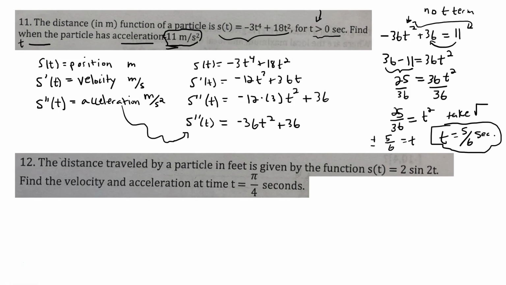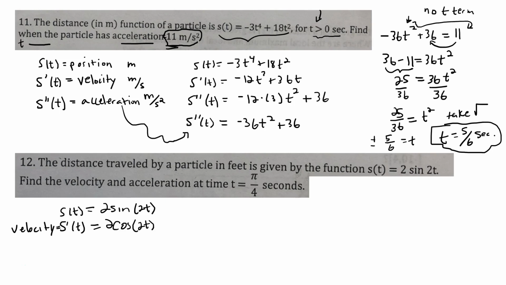Number 12. Also a distance function, a position function. So we have s of t is equal to 2 times the sine of 2t. The derivative is velocity. And that's going to be, keep this 2. The derivative of sine is cosine.